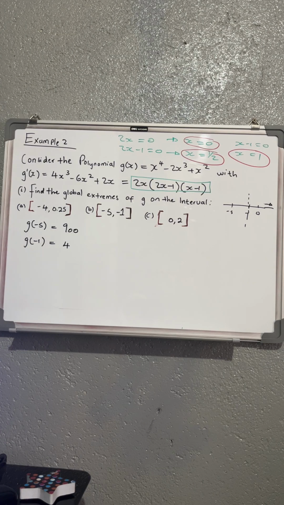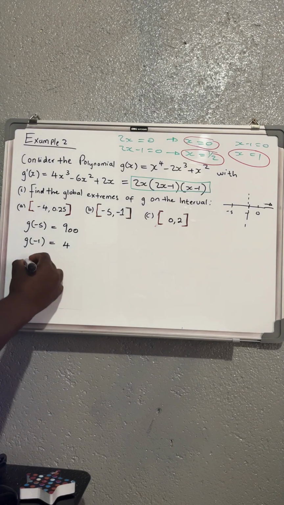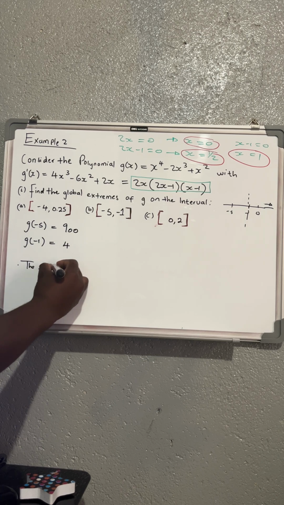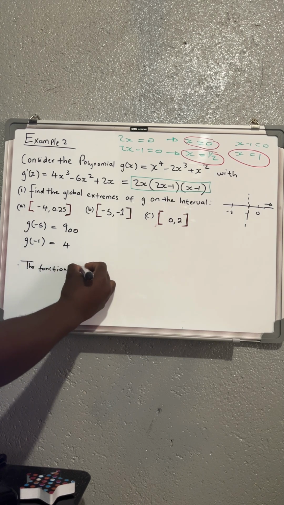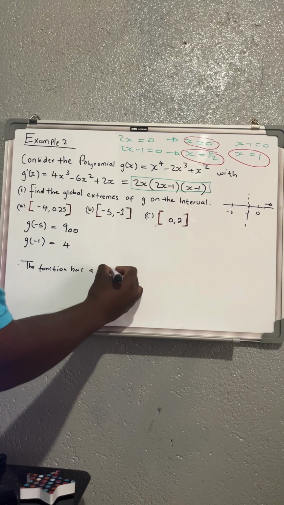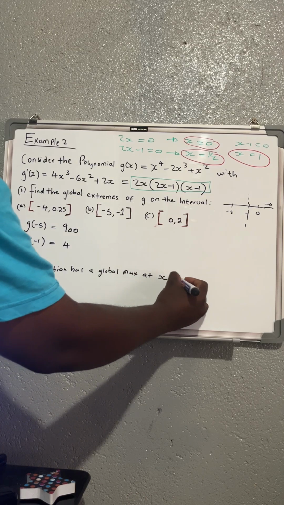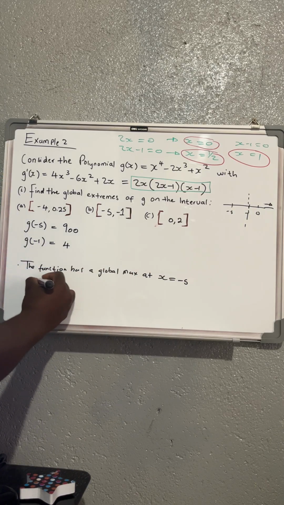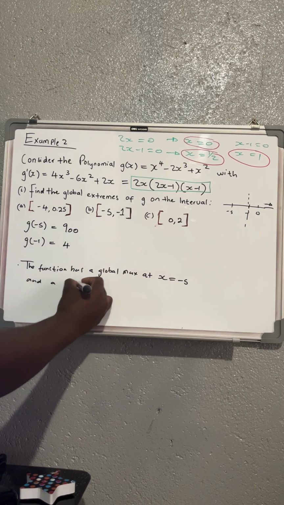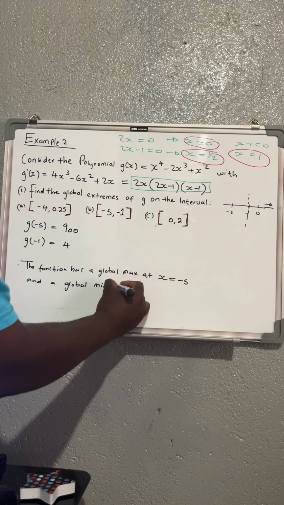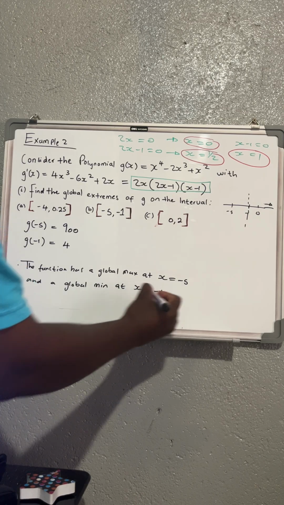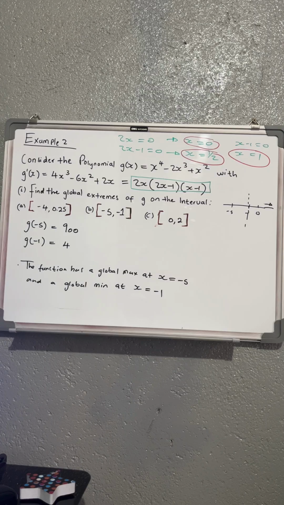So you make a conclusion again that the function has a global max at x equals -5 and a global min at x equals -1. So that would be the conclusion for that one.